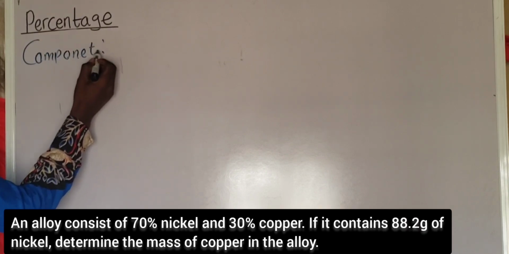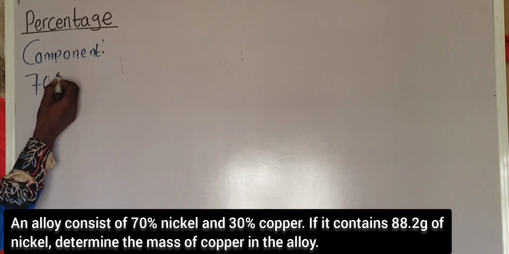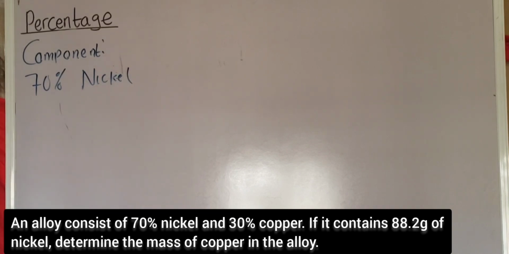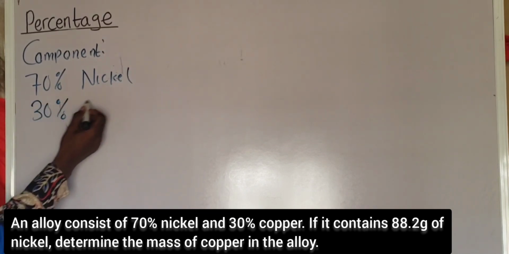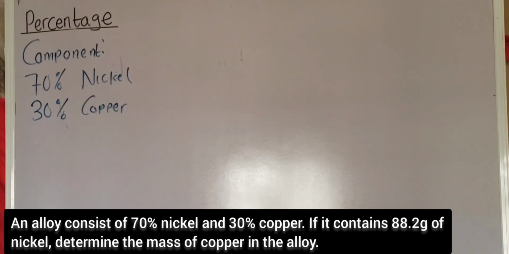We have the components of the alloy. We have 70% nickel, and that will be 30% copper. Okay, now we are told to determine the mass of copper present in the alloy, but we have been given that the mass of nickel present in the alloy is 88.2.